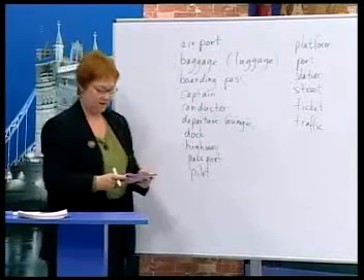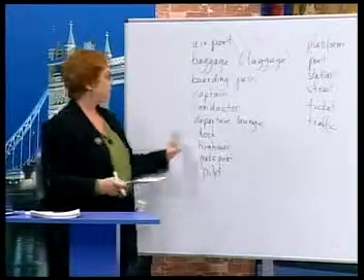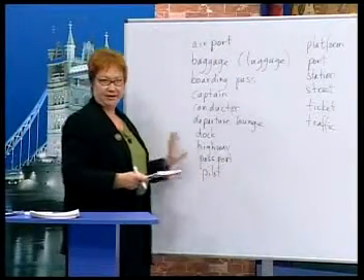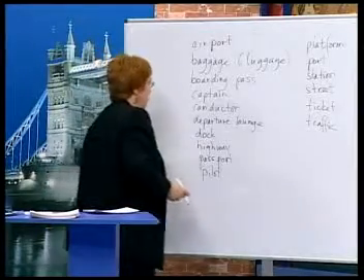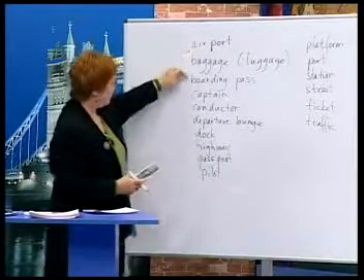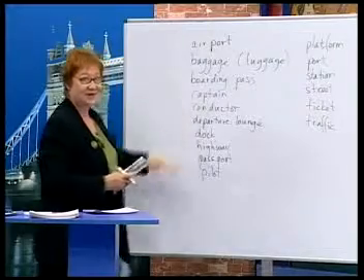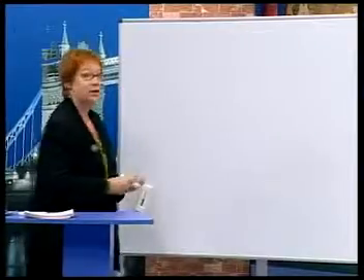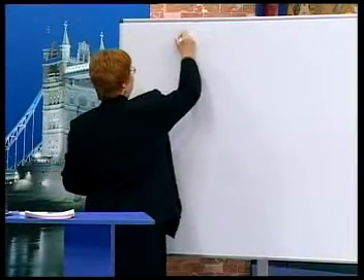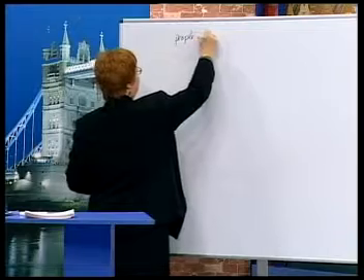Okay? Now, we're going to put these words into categories, into groups. Let me make some room here, because notice these are A, B, C, D. These are in alphabetical order. Now, we're going to put them into logical groups. We'll start with people in charge.